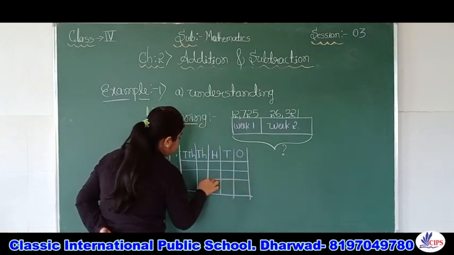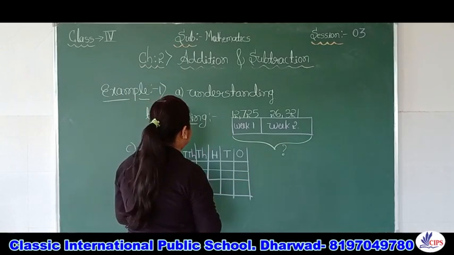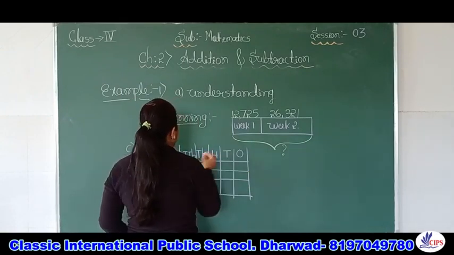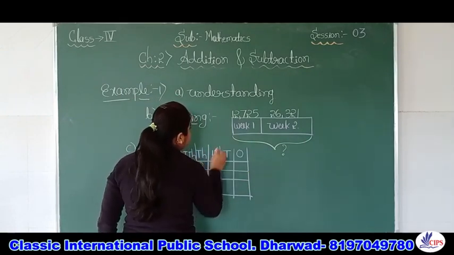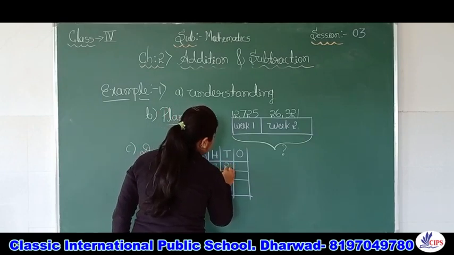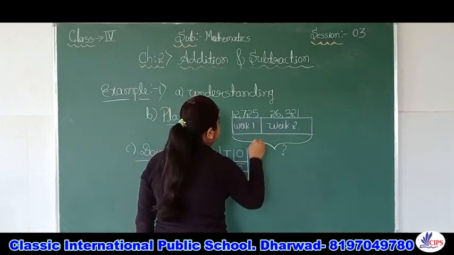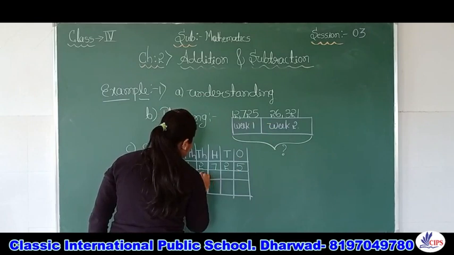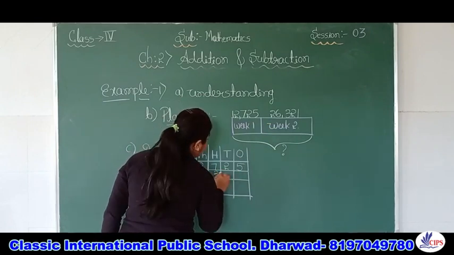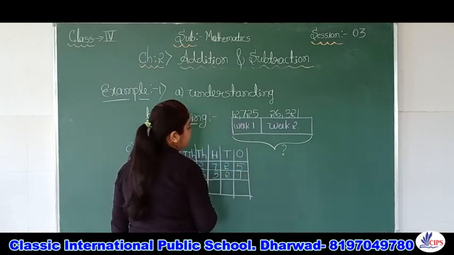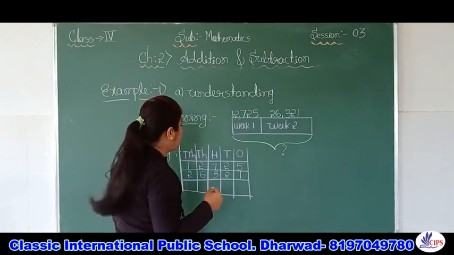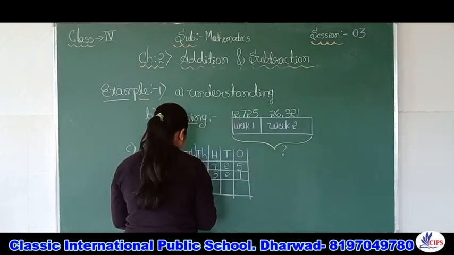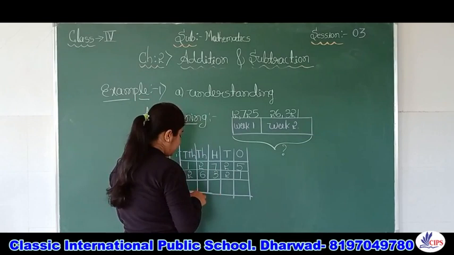What are the numbers you have to add? 12,725 and 26,321. Okay, these two we have to add. Just add it.